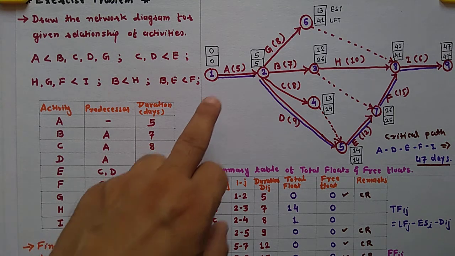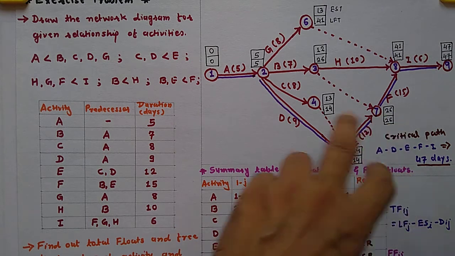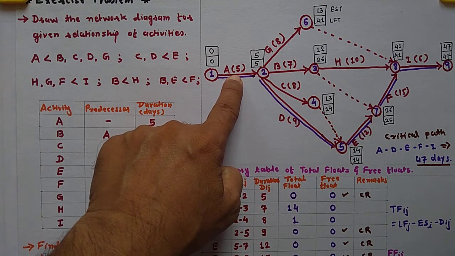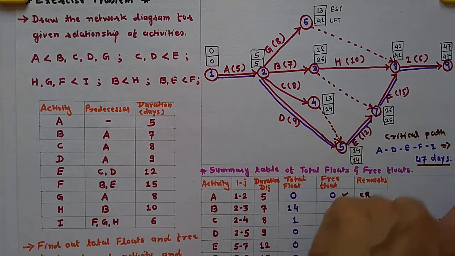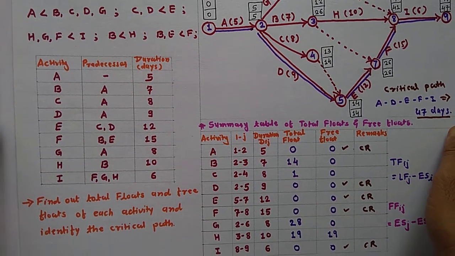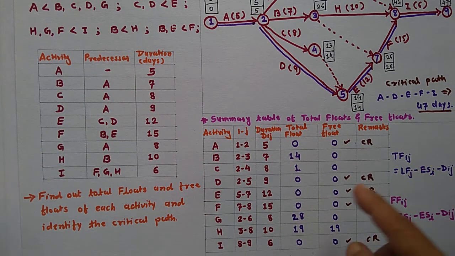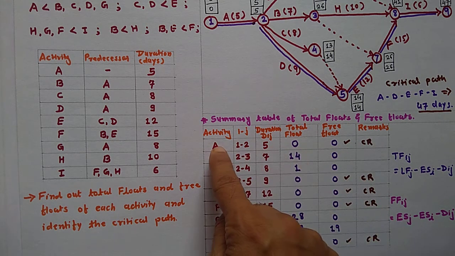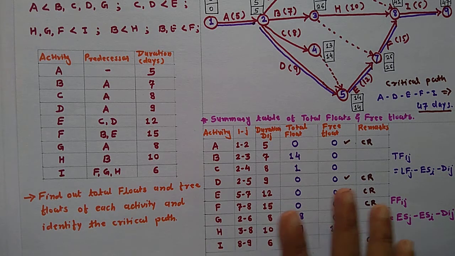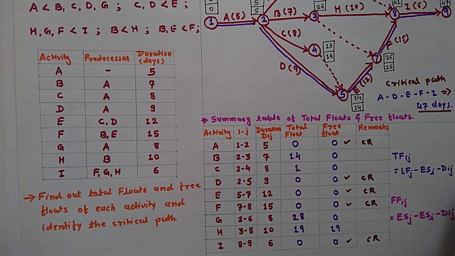Method number 2: if you add the durations, the longest path is your critical path. And third, if total float and free float are 0, then in this way you can find the critical path. Here both values are 0, so this is critical, both values are 0, so this is critical. So by this method you can find the critical path also.